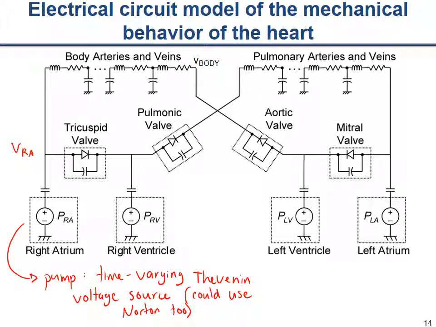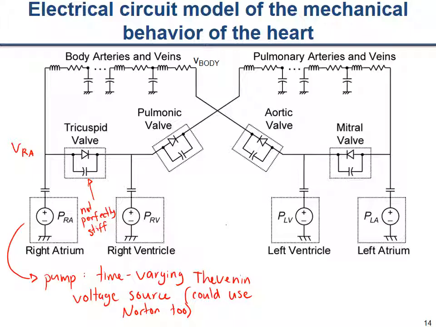Then the voltage at the right atrium has to go through a valve, and we model the valve with a diode. You'll see the diode also has a capacitor across it, and that's to model that the valve is not perfectly stiff. It's not an ideal diode, but a diode that requires a little bit of charging up of the force across the valve before the valve will actually open.